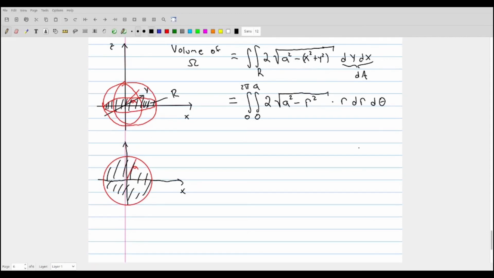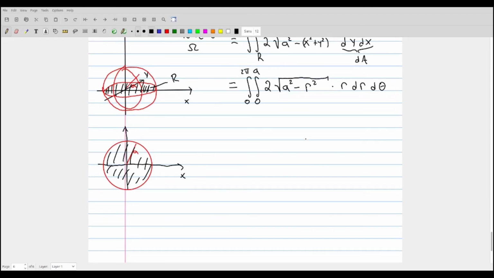So this right here is the correct double integral that will give us the volume of this region. It's the double integral in polar coordinates now. You'll notice that this still looks a little bit long, but it's not nearly as bad as the integral from before. Specifically, the inner integral here is an integral that we can evaluate using a straight u substitution.